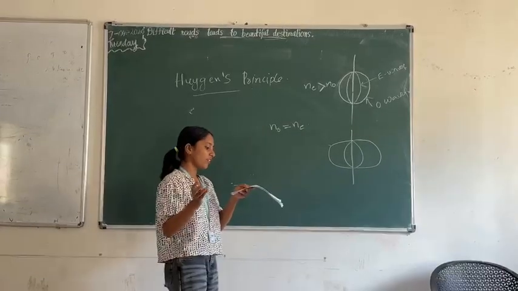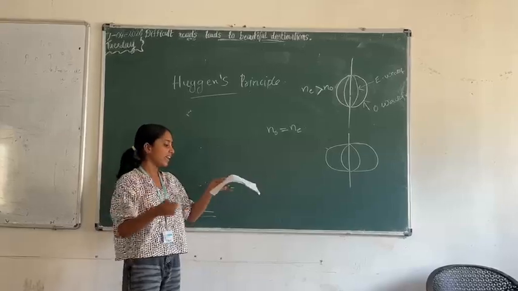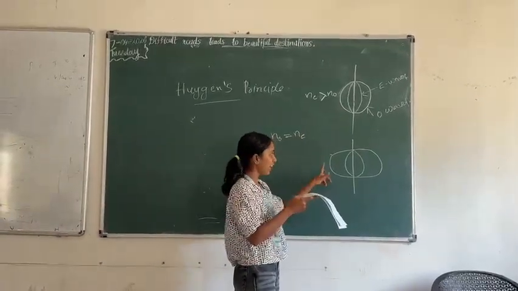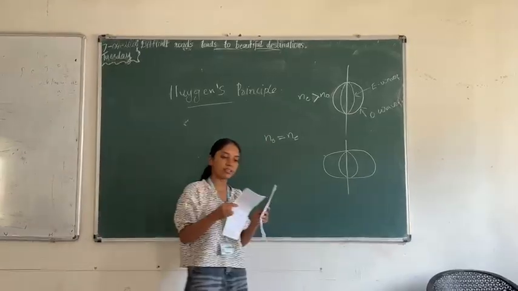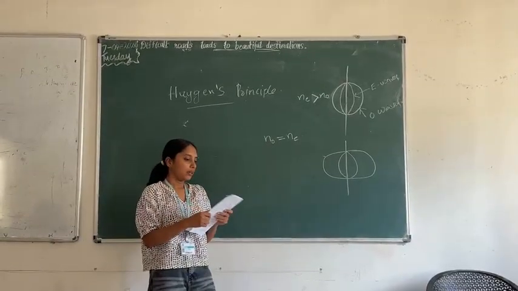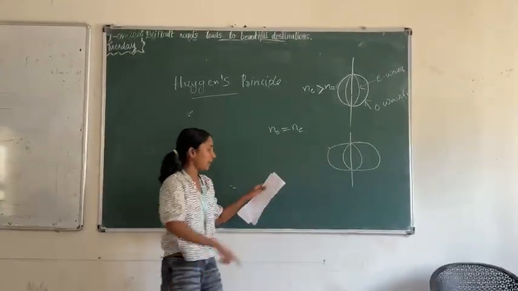So the velocity of extraordinary light is less than the ordinary ray. In this diagram, the circle represents the ordinary wavefront and the ellipse represents the extraordinary wavefront. The vertical line represents the optic axis.